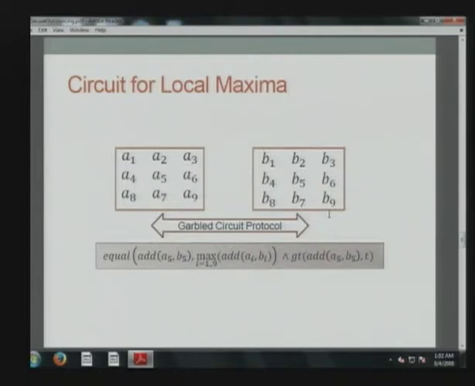The equal is just the equal function of the circuit, and this circuit will give us a binary result, which means whether A5 plus B5 is greater than all its neighbors.